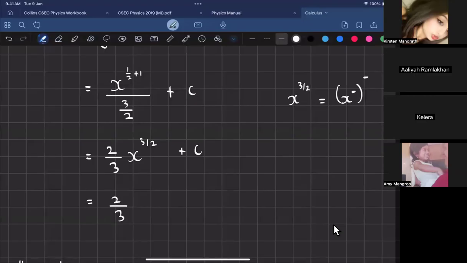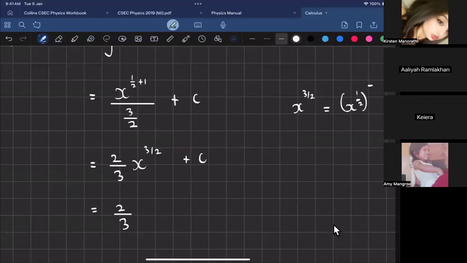So we have a half, and raising that to a power. What times a half is 3 over 2? 3. Right? So x to the power a half is what? Cube root, square root, what is that? X to the power half is the square root.